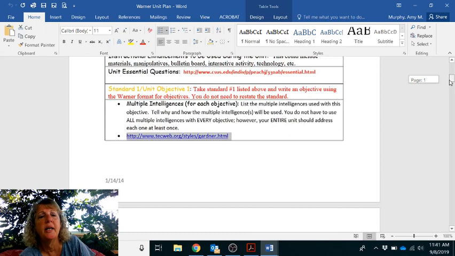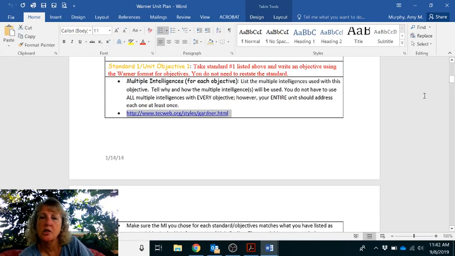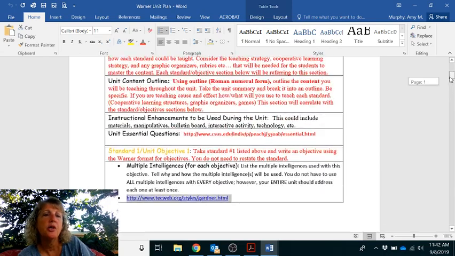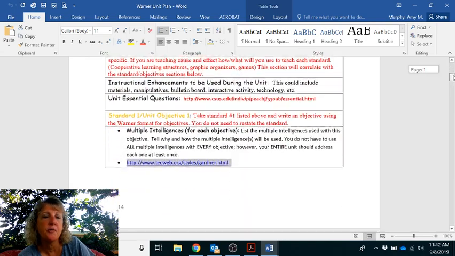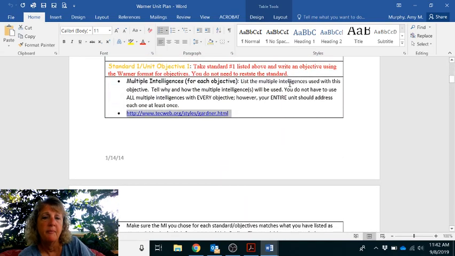This week we're going to get into the individual sections of the unit plan. For instance, I talked before in week 1 about how I color coded to match the different parts of the standards. So this week you're going to go up to standard 1, go down to the section for just standard 1, and take that standard and write an objective, just like you did for the Lorax unit.